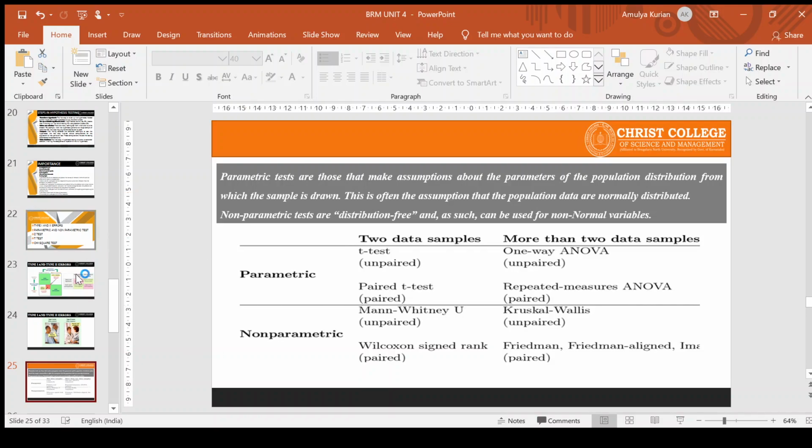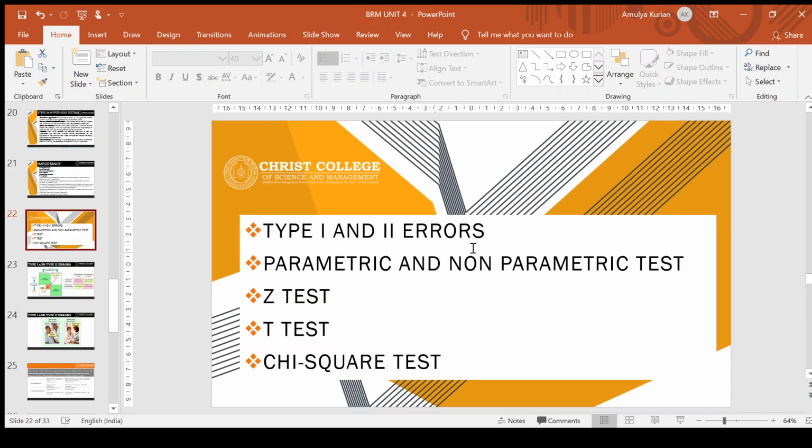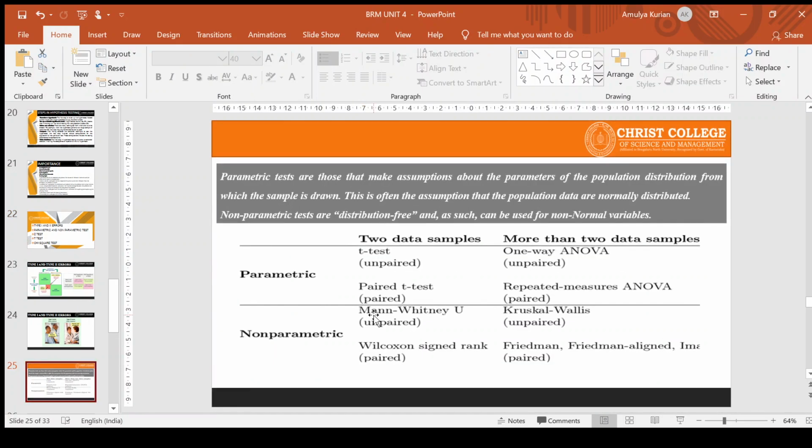So now moving forward, in the first slide, we spoke about what you mean by parametric and non-parametric tests. So let's see what you mean by parametric and non-parametric. Parametric tests are those that make assumptions about the parameters of the population distribution from which the sample is drawn. Usually, parametric tests can be done only if the data is normally distributed.